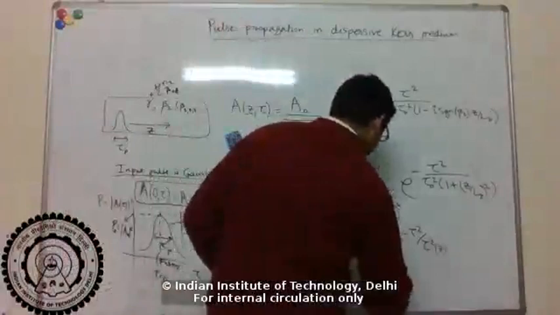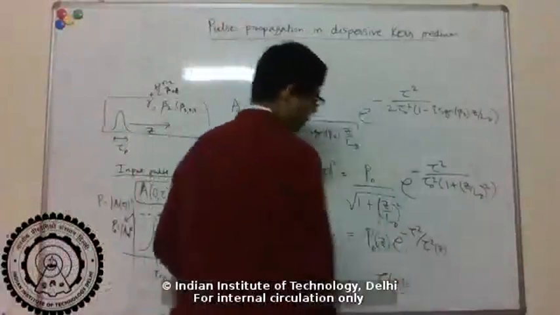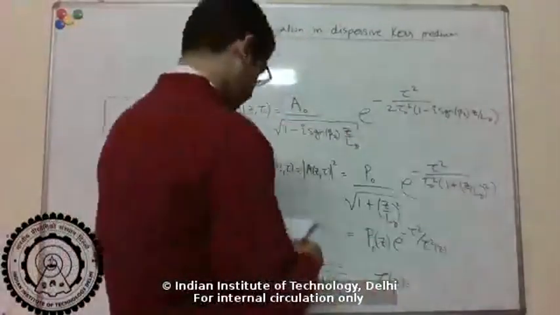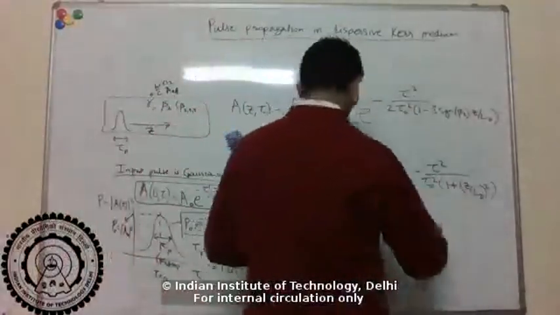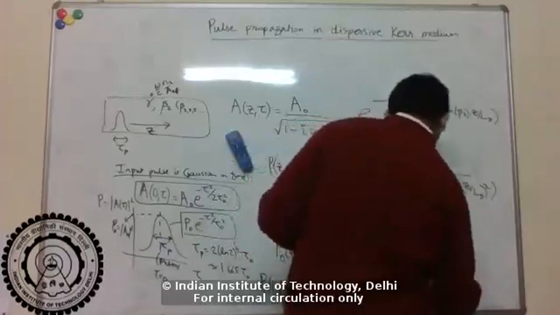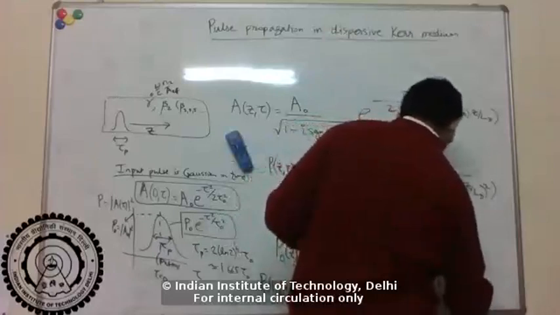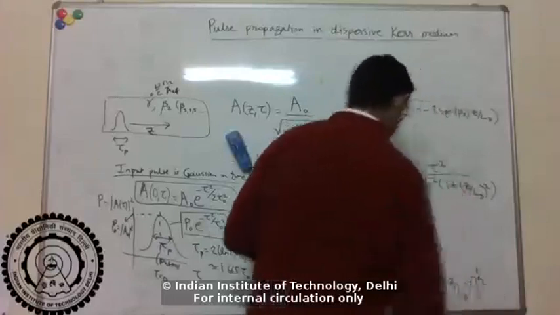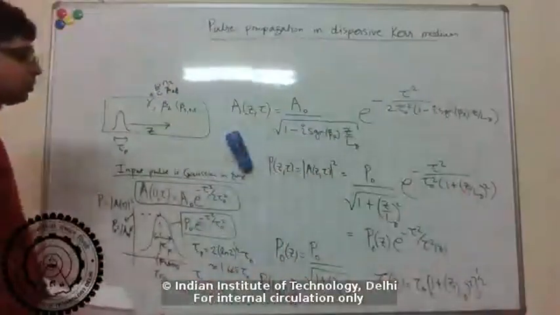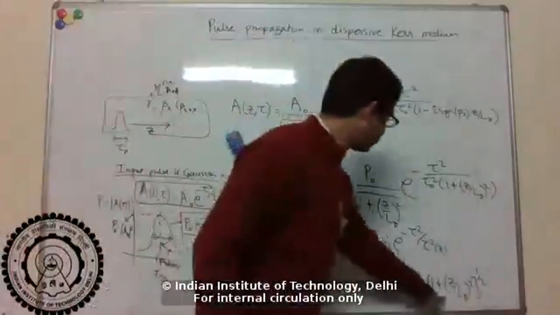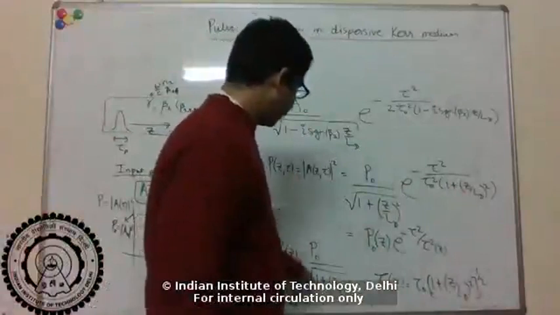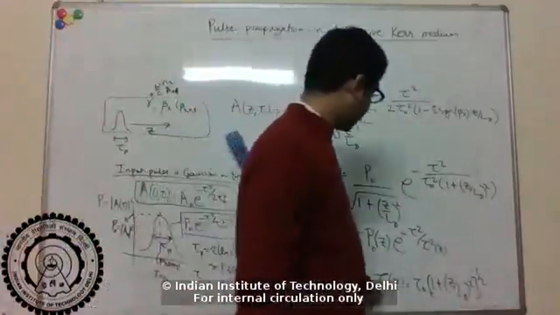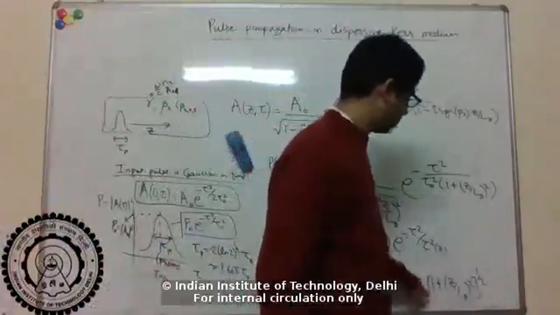And then the pulse width tau at a distance Z is given by tau naught times the square root of 1 plus Z over LD squared. So it's the same factor. The peak power is going down by the same factor as the pulse width is increasing.